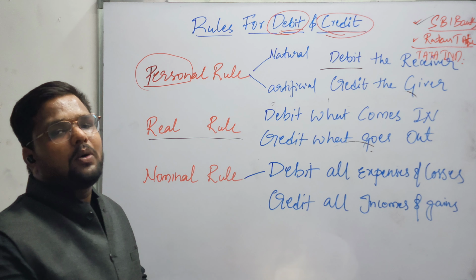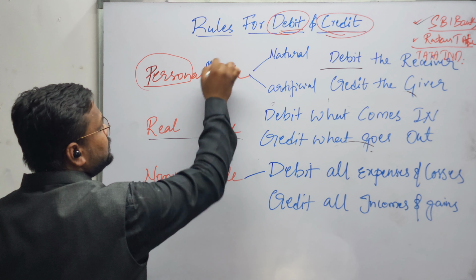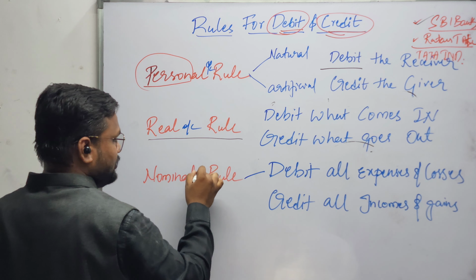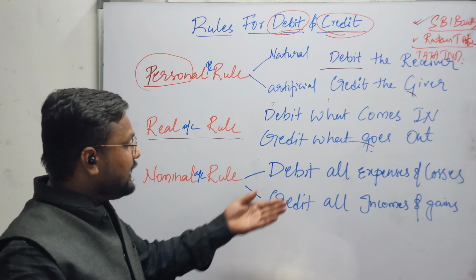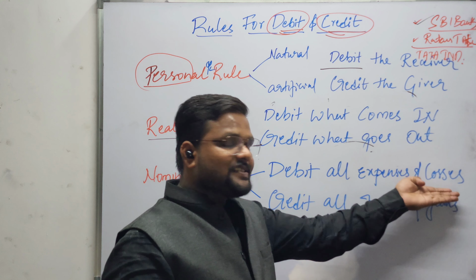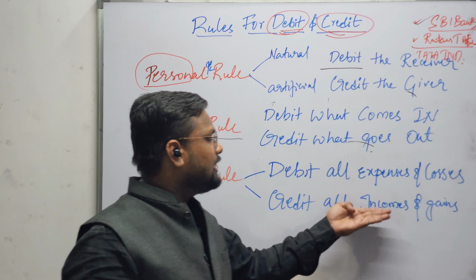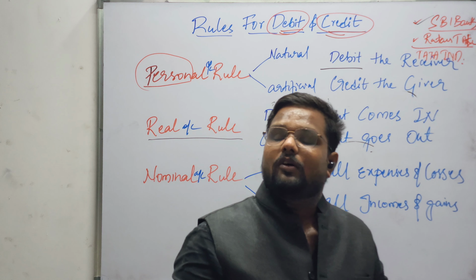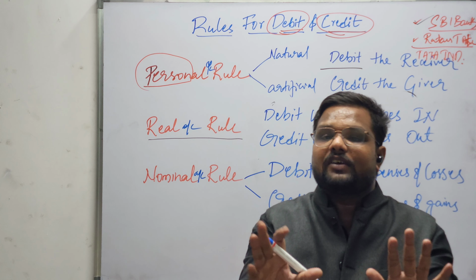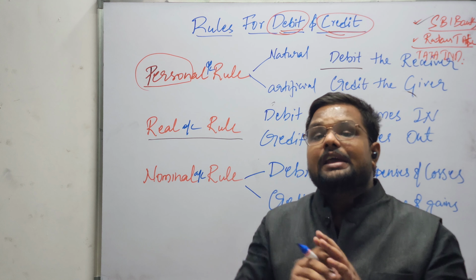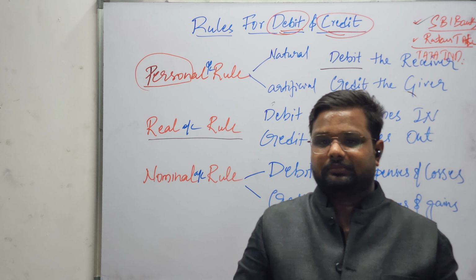So this is personal account, real account, nominal account. Nominal account rules are debit the expenses and losses and credit the incomes and gains. So what is to be debited? If any expenses are identified, debit that expense. If any income is identified, credit that income.